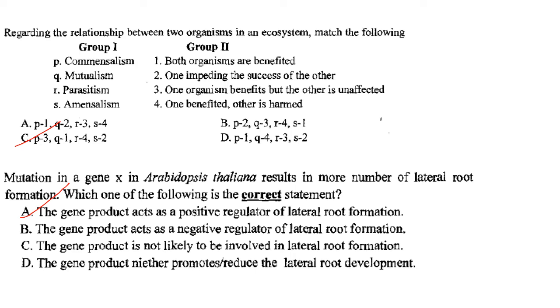That is also not correct. It's not likely to be involved in the lateral root formation. That is also not correct. The gene product neither promotes nor reduces the lateral root development. That is also not correct. So the gene product acts as a positive regulator of lateral root formation, and positive regulation is any process that increases the frequency or rate of that particular gene expression. So answer is option A.